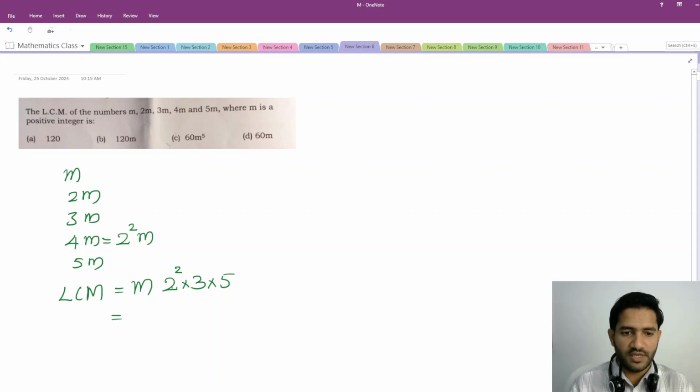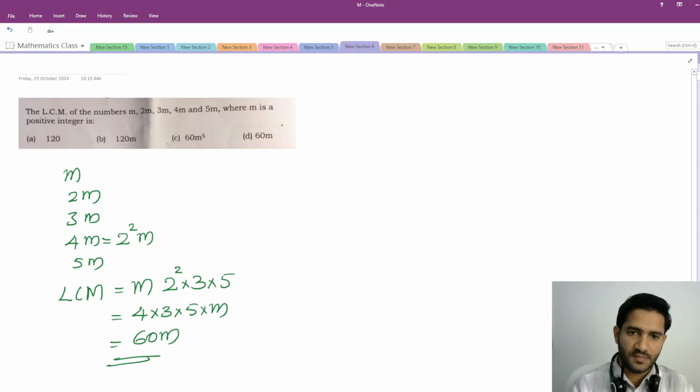So clearly we will get 4 into 3 into 5 into m. So 4 into 3 is 12, 12 into 5 is 60. 60m is the answer, the LCM of m, 2m, 3m, 4m and 5m.